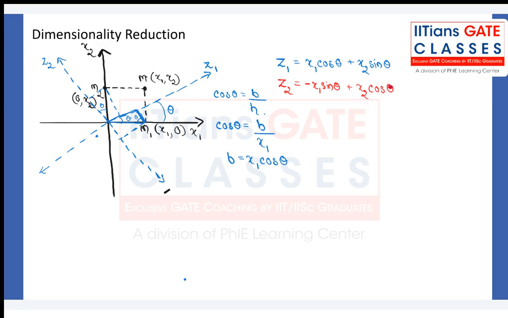Now we have this. We found the new values of z1 and z2, which are the projections of points m1 and m2 on the z1 and z2 axes respectively.